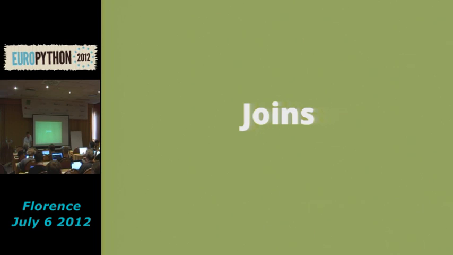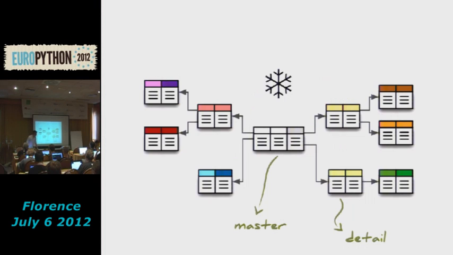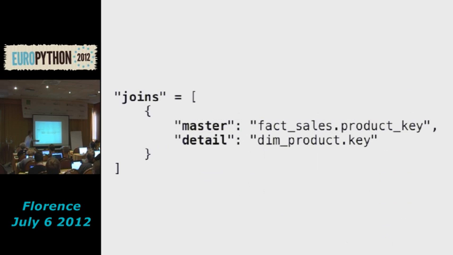Maybe in the future it will support that. So it has this notion of master table and detail table, and you specify joins just by saying, this is the key for the master table, and this is the key for the detail.